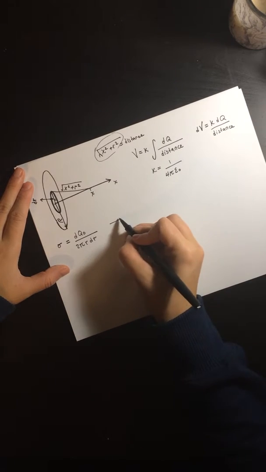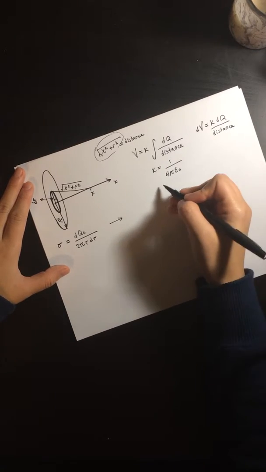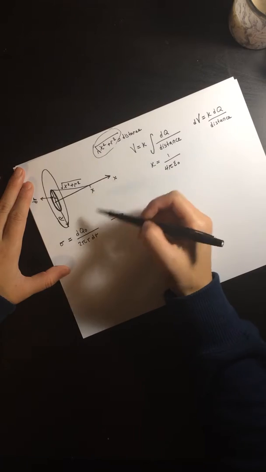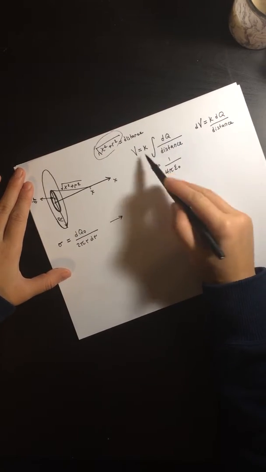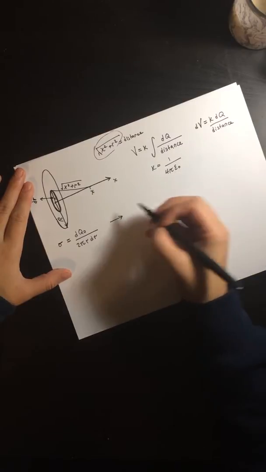So we just need to plug these equations in. We need to plug in this and plug in this to get into this formula, which we understood from this formula, to get the answer to this question.